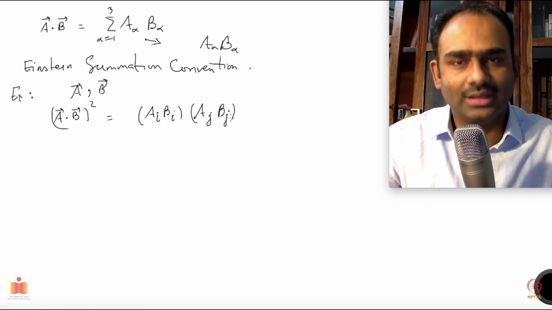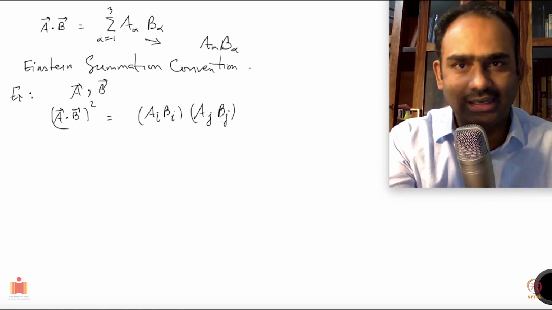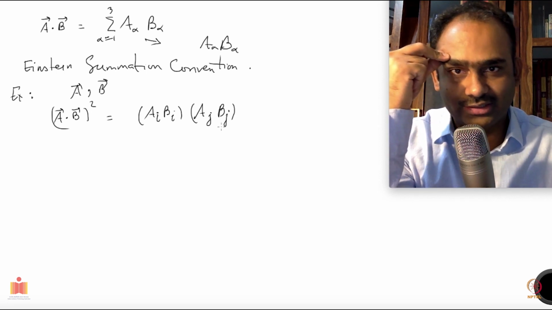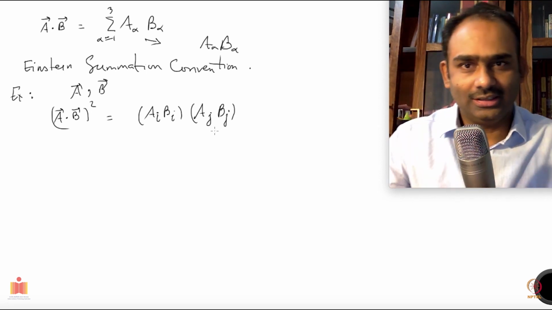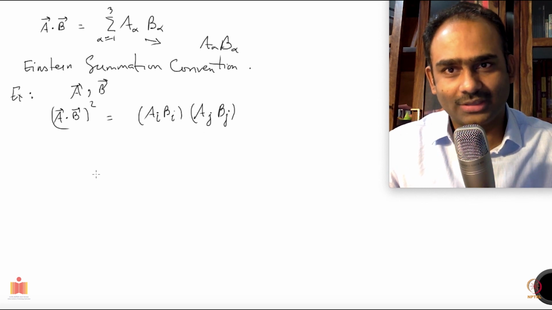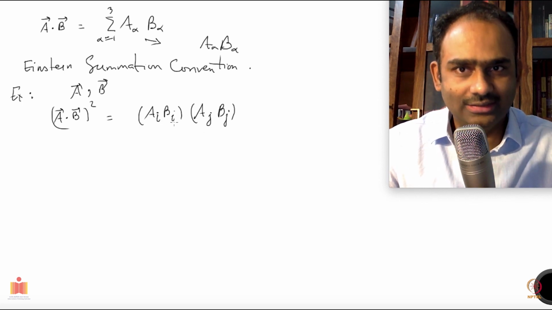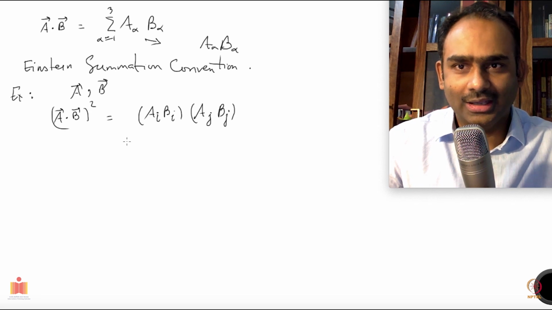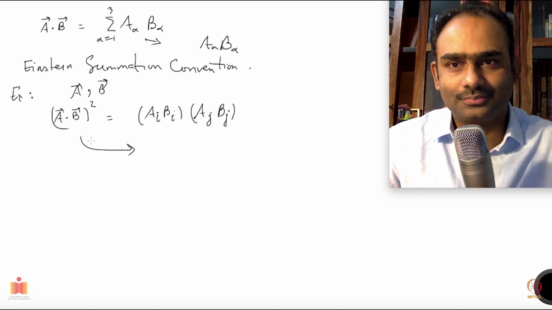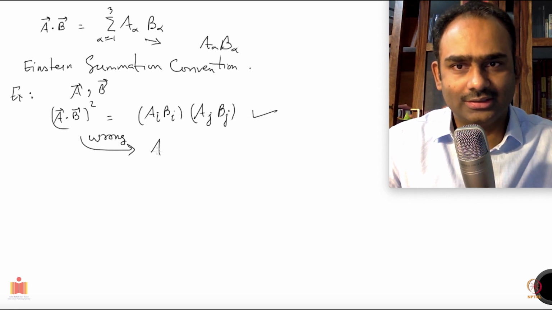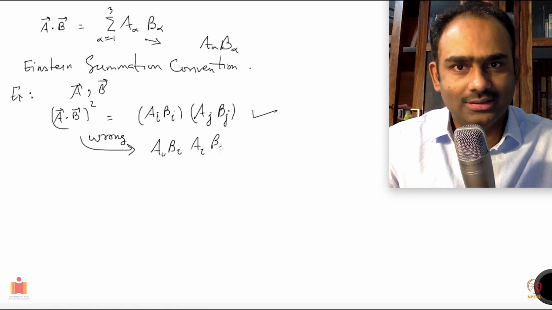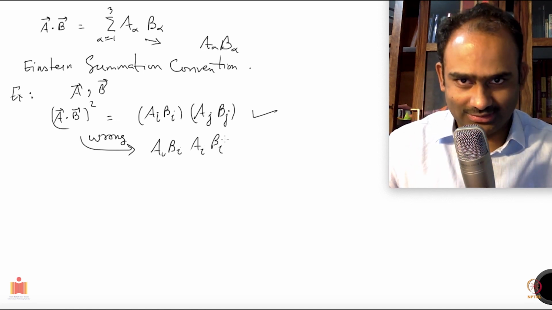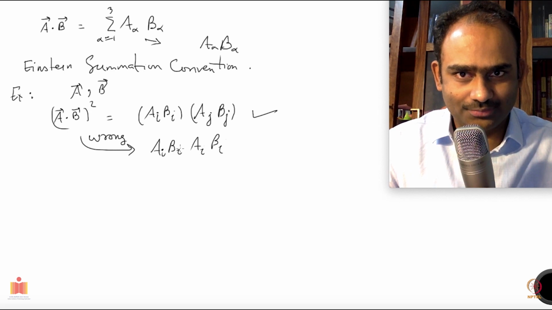Now you see I have not written a_i b_i again, I have written a_j b_j. And what you have to do is you have to convince yourself that it would be disastrous to use again the index i. So if instead of writing this you had written a_i b_i, you get a wrong answer, and it's obvious, but I will leave it to you to figure it out.